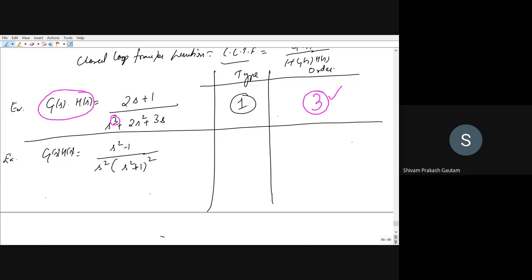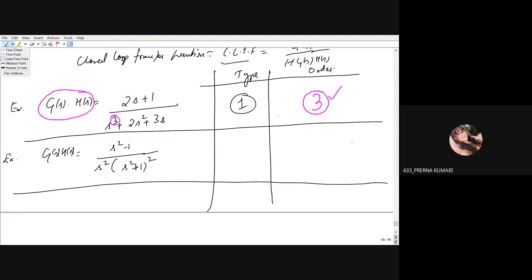Now tell me what is the order of the system. Order means the total number of poles. So what is the maximum power of s you see in the denominator? 4. Why 4?